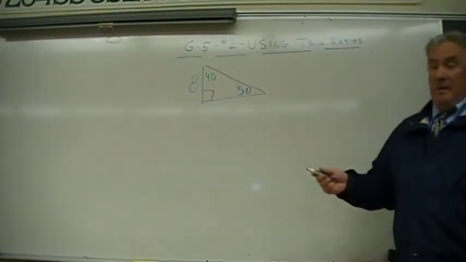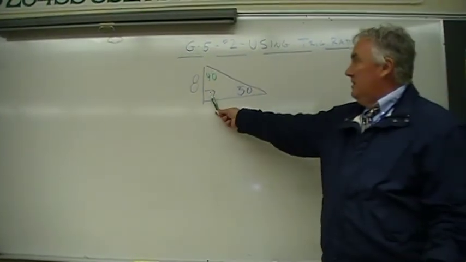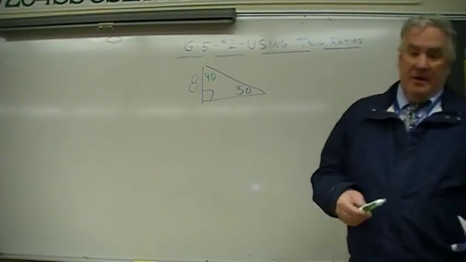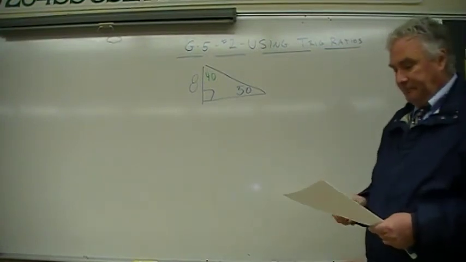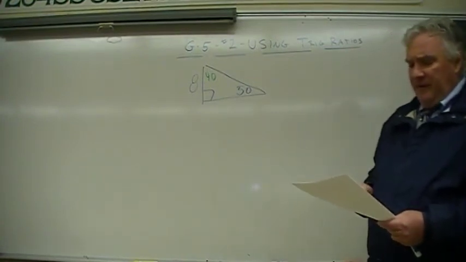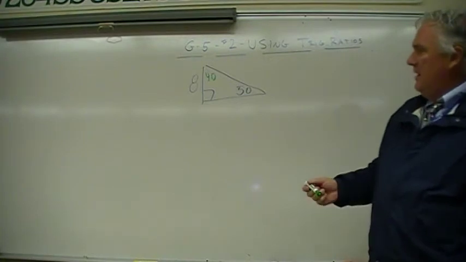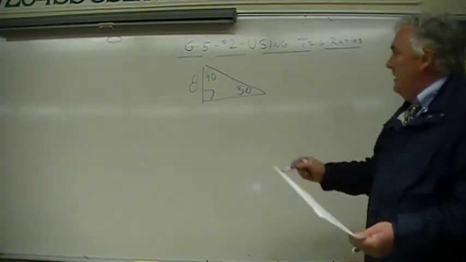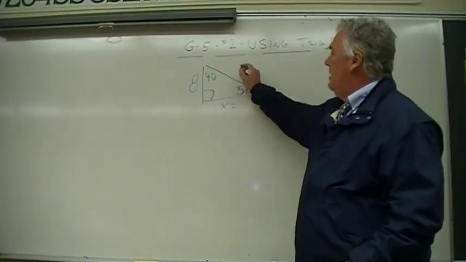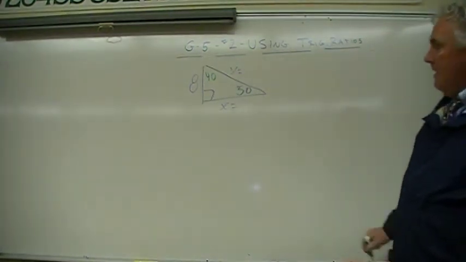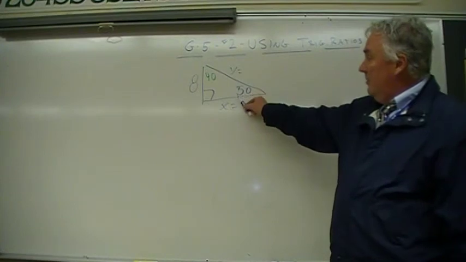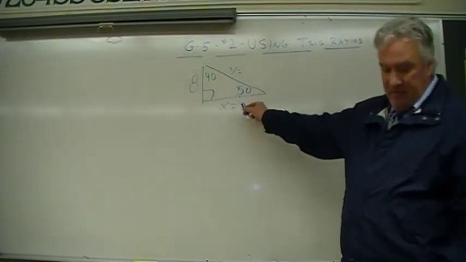So right away, we've got all the angle measurements, 90, 50, 40. There's the easy part. Now we got to find the side lengths, okay? So find the measurement of the non-given angle. So this is going to equal x, and we'll call the hypotenuse y.